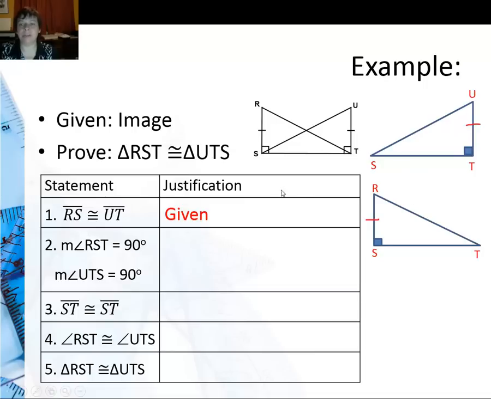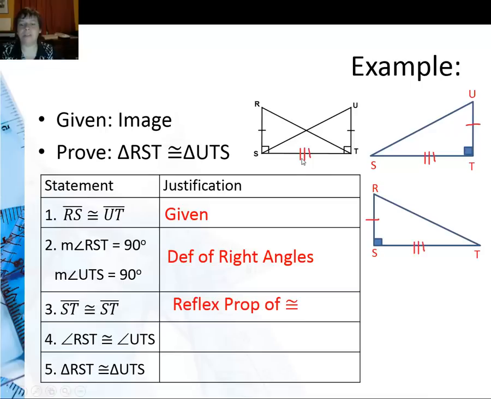This will be a little easier. Don't lose that original drawing. It's still going to be helpful. Now I can say the two angles are congruent by definition of right angles. And honestly, I probably should have switched step 4 and 3 on here, but that's fine. Then I have ST is congruent to ST. Why can I say that? Well, it's the reflexive property of congruence.